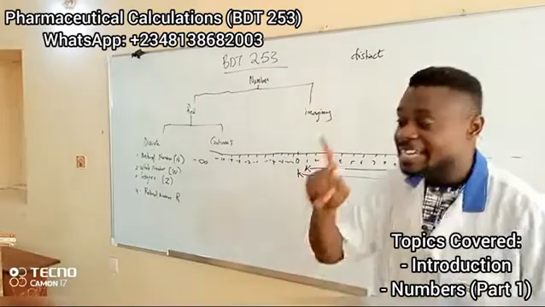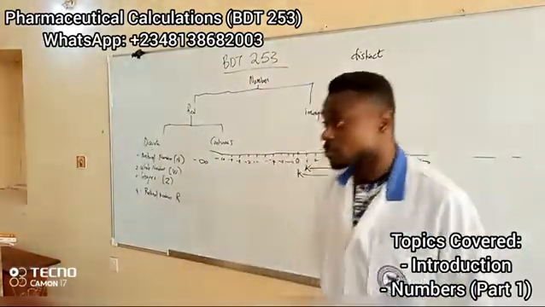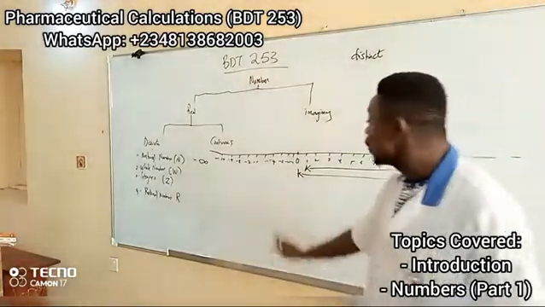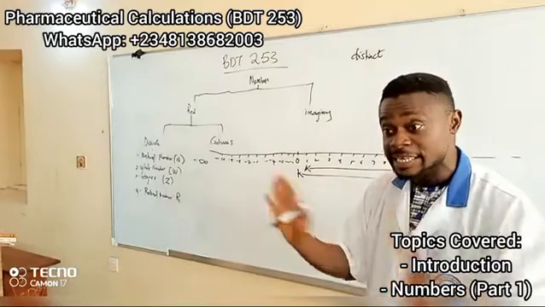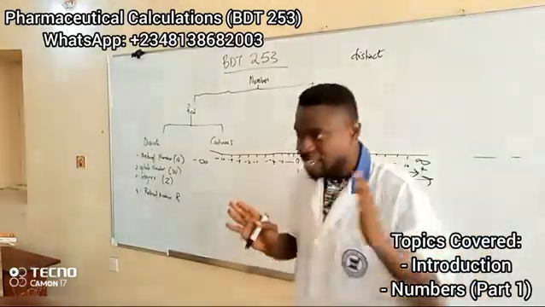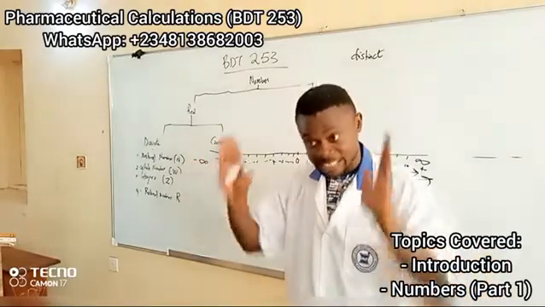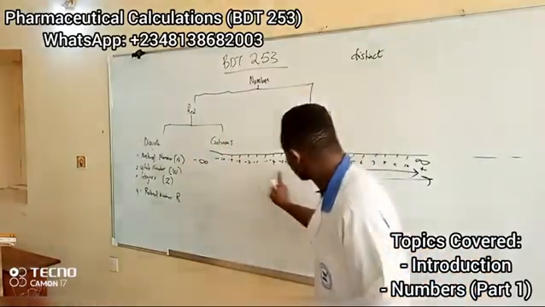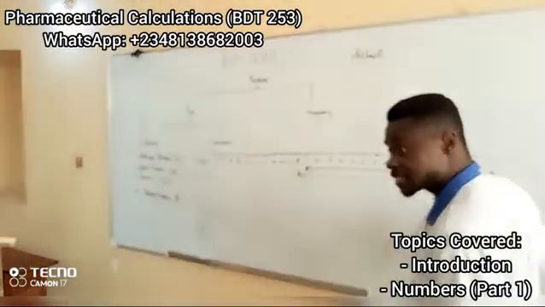So natural numbers are positive integers plus 0. Zero is a neutral integer. It's not positive, it's not negative, but it's an integer. I hope you know 0 is an integer. It's in between, you can call it neutral. So we have negative integers, 0, and positive integers, right?